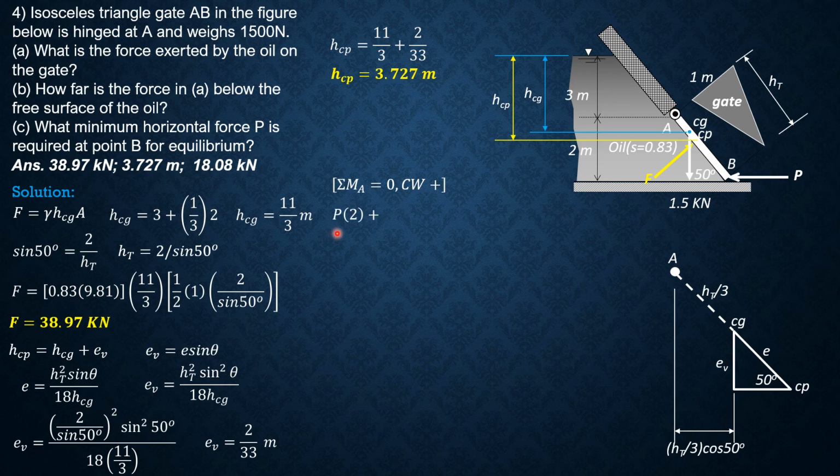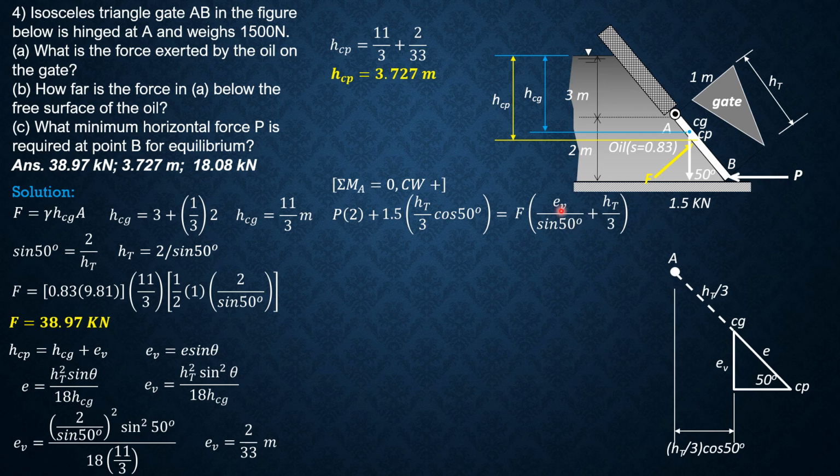So P times 2 clockwise plus weight 1.5 times quantity H sub T over 3 cosine of 50 degrees, then equals F times quantity E plus H sub T over 3.